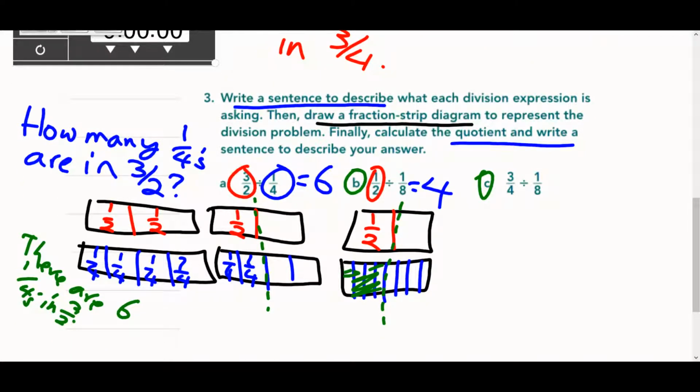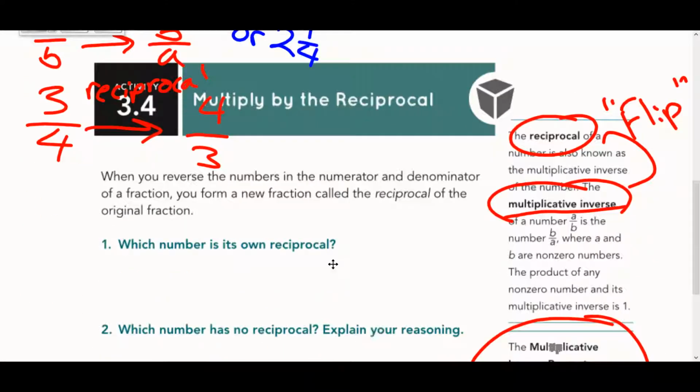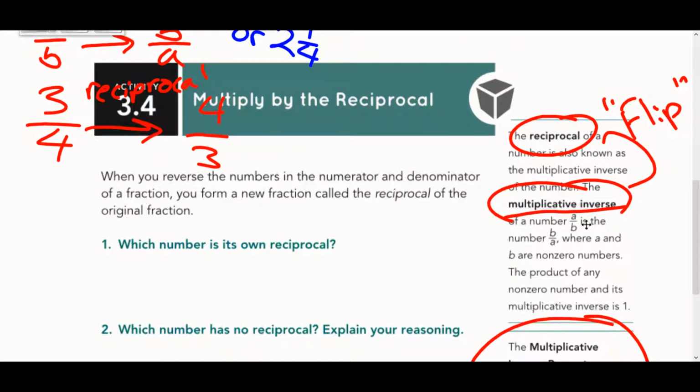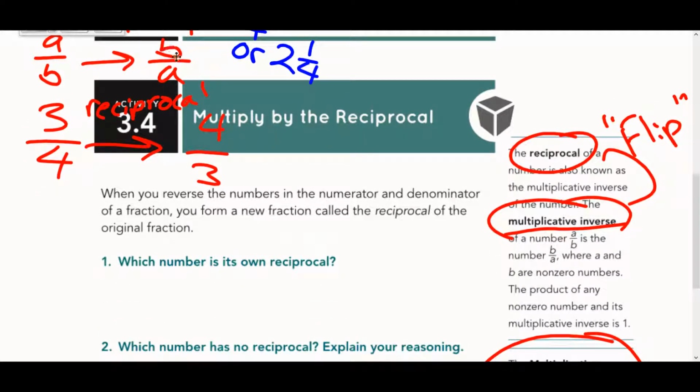Now, we went to this page, I think this is page 99, and it talked about 2 really big words, reciprocal and multiplicative inverse. They basically mean the same thing. All that it's saying is if I have a fraction a over b, the reciprocal is b over a.